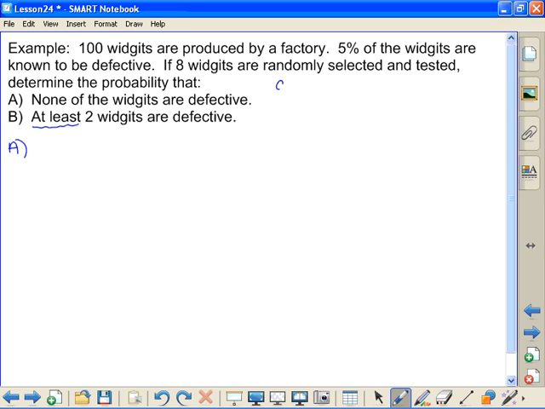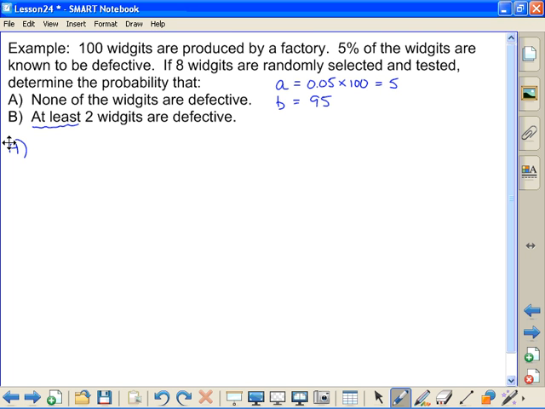Okay, so what do we consider successes? So our A value is the successes, and that is defective widgets. So 0.05, 5% times, we're testing 100, so that leaves us with 5 defective widgets, which would mean that there are 95 widgets that are in perfect working order.